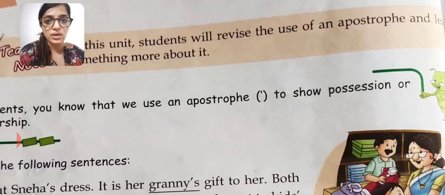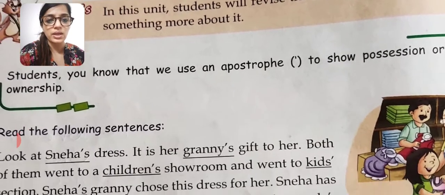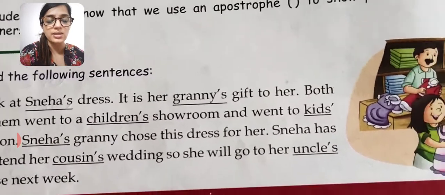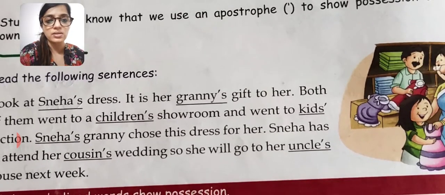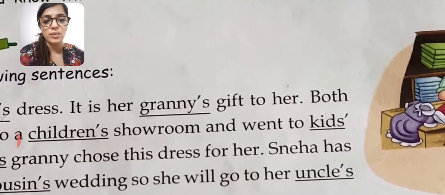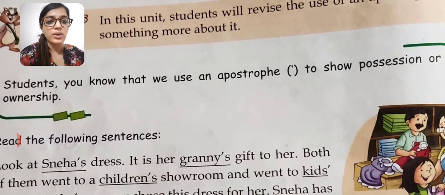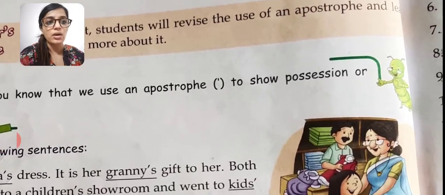Generally the normal commas we use in the downwards way. And in this word, granny's, we have written this inverted comma to show possession, and it is an apostrophe. We use an apostrophe to show possession or ownership.